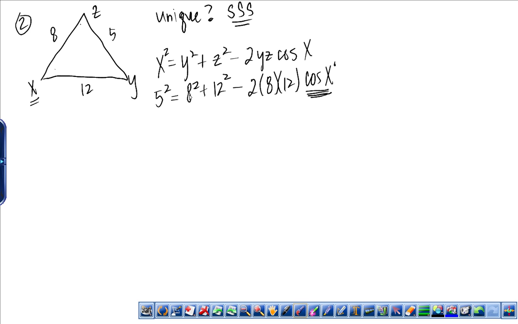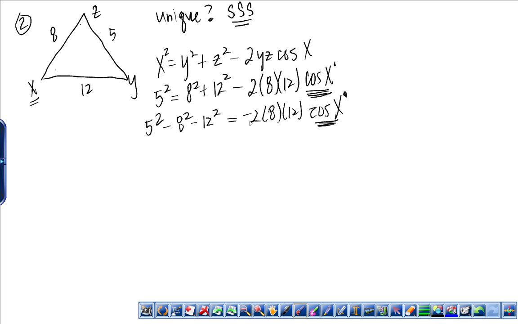In order to do that, I'm going to have to subtract. Order of operations says subtract 8 squared and 12 squared. So I'm going to do some things all at once. I'm going to subtract 8 squared and 12 squared. That gives me negative 2 times 8 times 12, and I still have cosine of x degrees. I'm still looking to solve for cosine of x degrees.